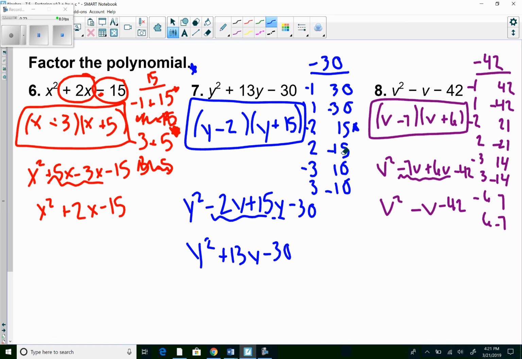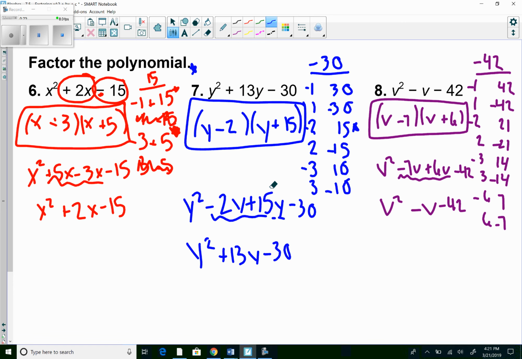Or +3 and -10, that's going to give you a -7. Please, I hope you didn't get that one mixed up. But if you did, that's totally okay. Just make sure, if you do that foiling back together, you will notice that that's not going to work.